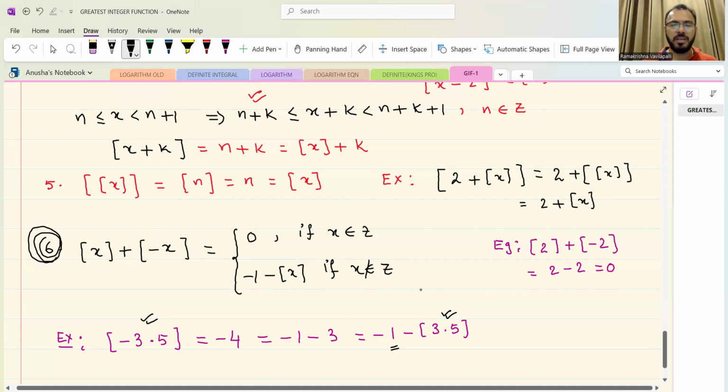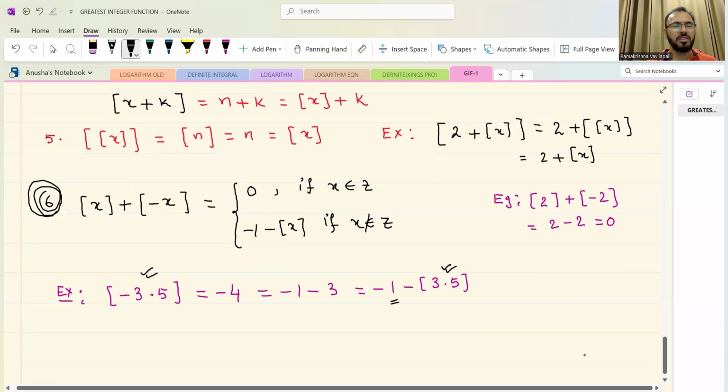This particular property is very, very important. So therefore we can write combinedly: what is integral part of x plus integral part of minus x?